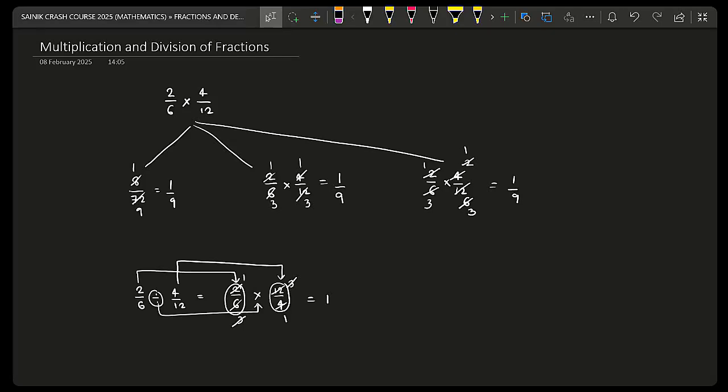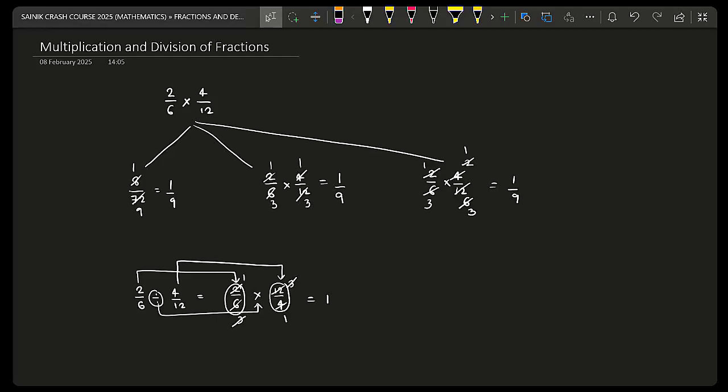And there is a change in the second fraction, that we have to take its reciprocal. Reciprocal means numerator becomes denominator and denominator becomes numerator. Then it is like a normal multiplication, with cancellations. So the three changes required are: first fraction will be as it is, division becomes multiplication, and the second fraction becomes reciprocal. Then you can do cancellations like a normal multiplication and you'll get the answer. Okay, sir, I have copied this.